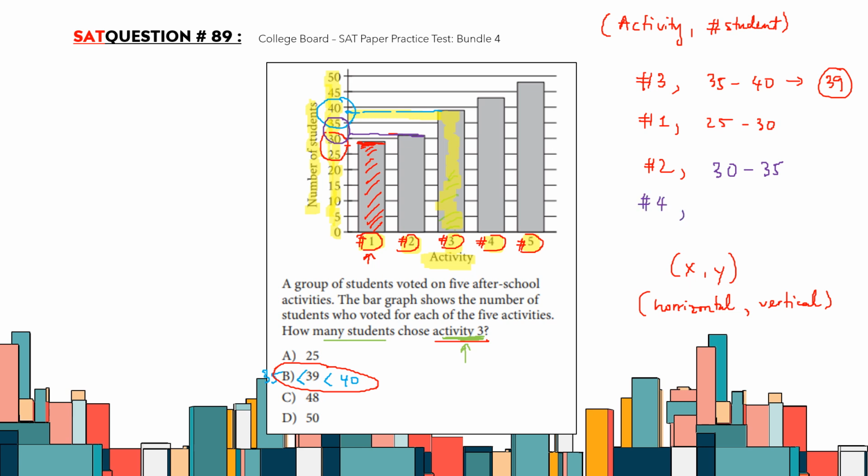Now number 4. Number 4 is this column, right? And it's in between 40 and 45. Now how about number 5? For number 5, we're looking at the last column and it falls between 45 and 50.